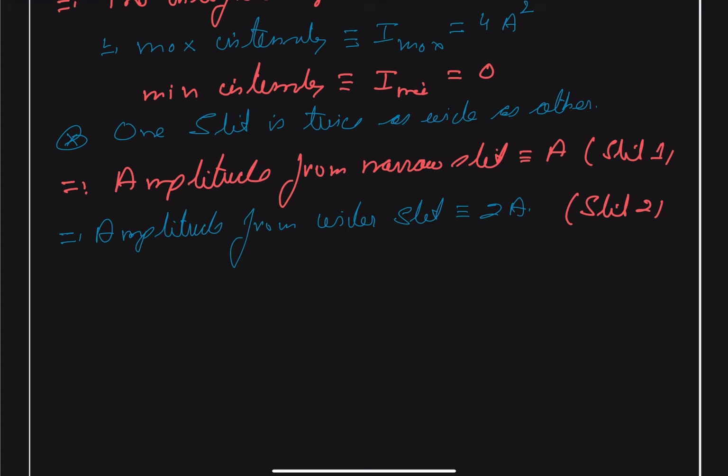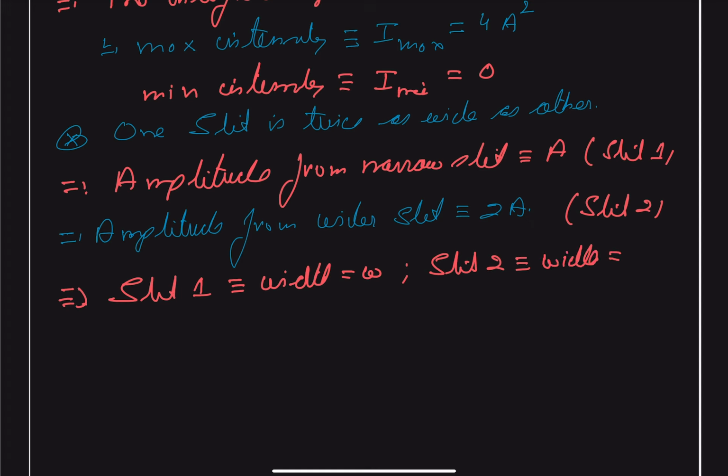For the sake of convenience, let us consider that slit 1 has a width of W, therefore slit 2 is going to have a width of 2W, and we know that the amplitude is directly proportional to the width.